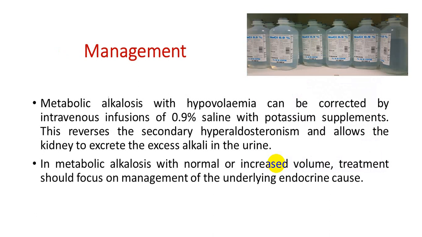This will reverse the secondary hyperaldosteronism and allows the kidney to excrete the excess alkali in the urine. In metabolic alkalosis with normal or increased volume, treatment should focus on management of the underlying endocrine cause. Always look to the underlying etiology. Always look to the root cause.